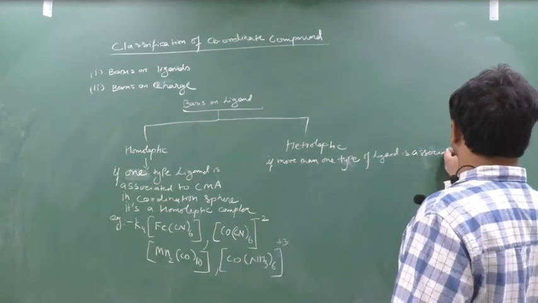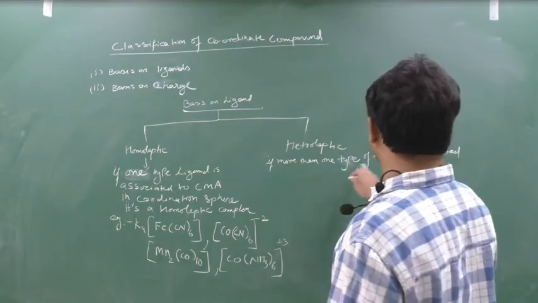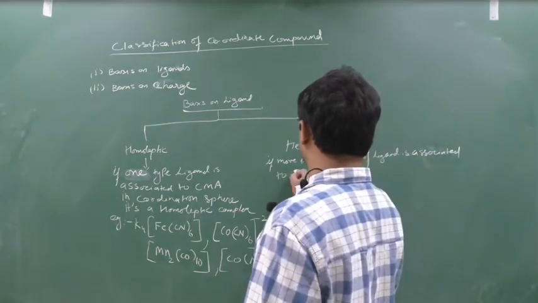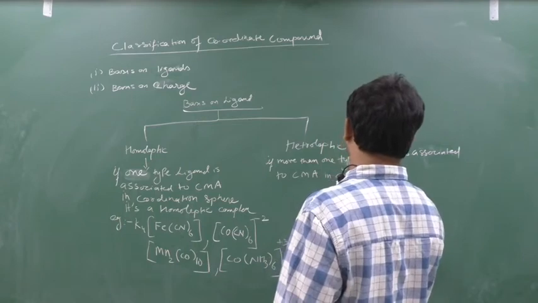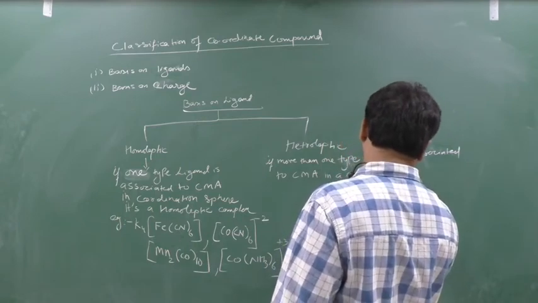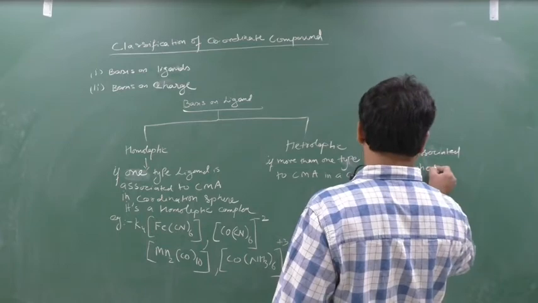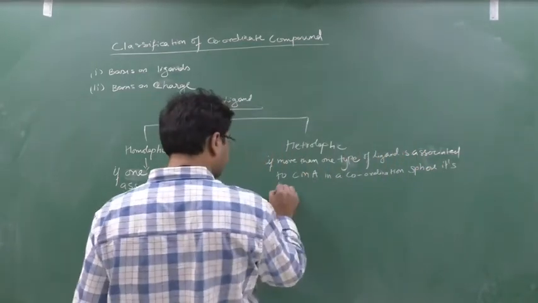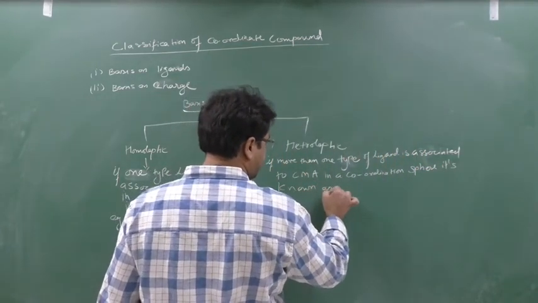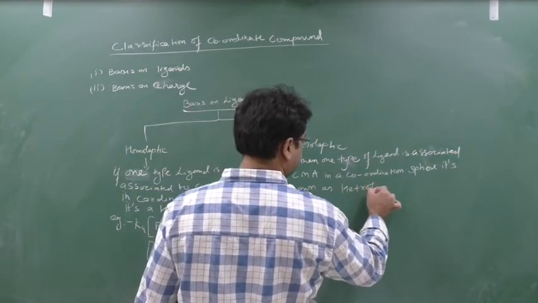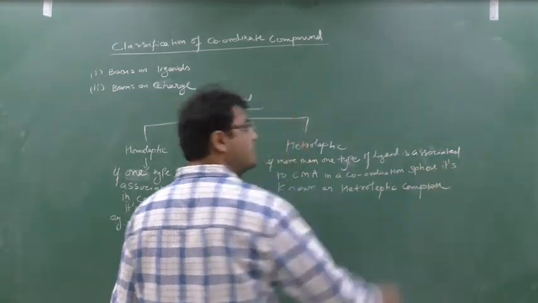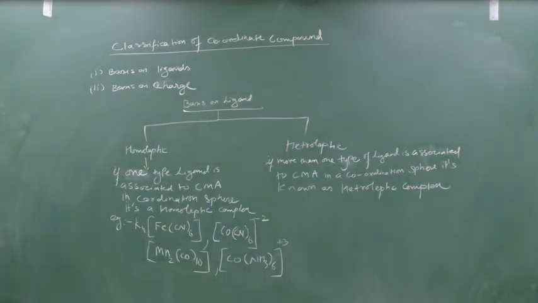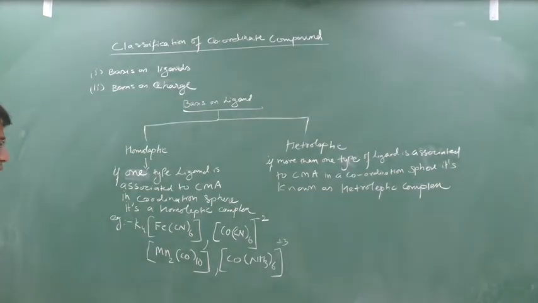If more than one type of ligand is associated to the central metal atom in a coordination sphere, it's known as a heteroleptic complex. Yes or no? It's known as a what? Heteroleptic complex.